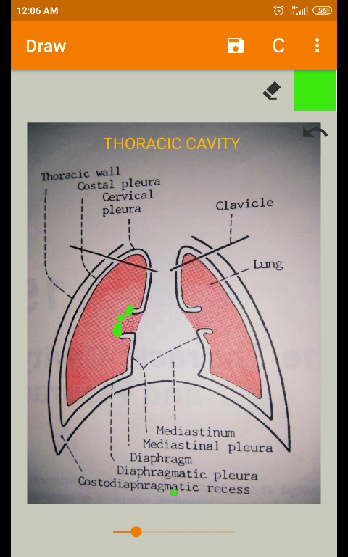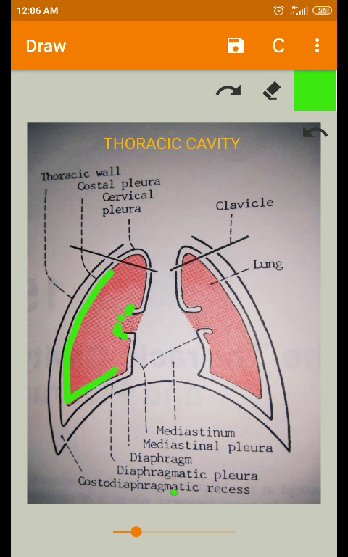And it encloses a space in between the two layers. It forms a potential space in between the two layers like this. This potential space is called the pleural cavity or pleural space.